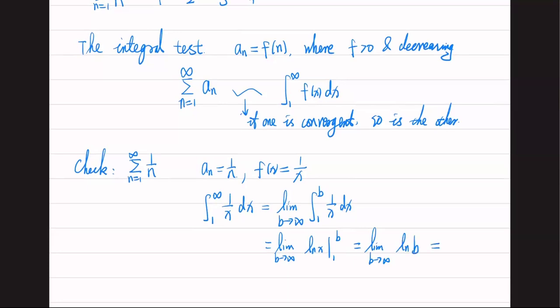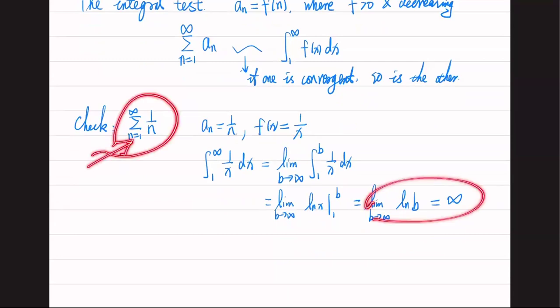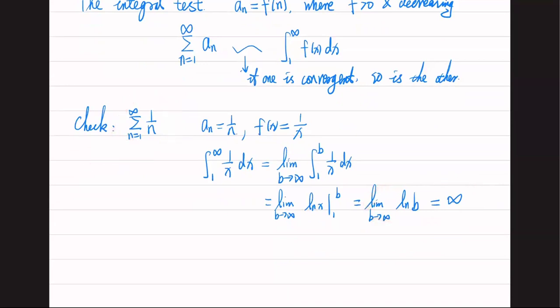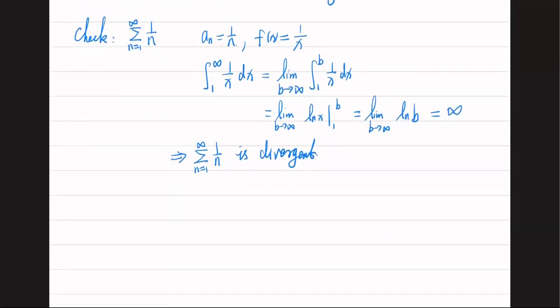So this goes to infinity, which is divergent. Since the integral is infinity, we claim this series is divergent. This is our first example, 1 over n.